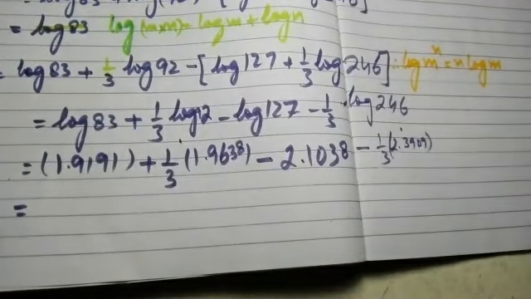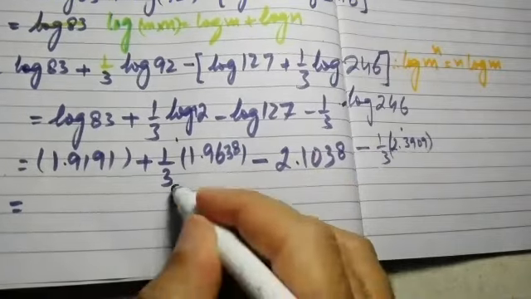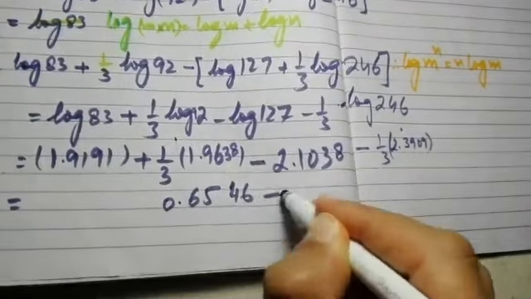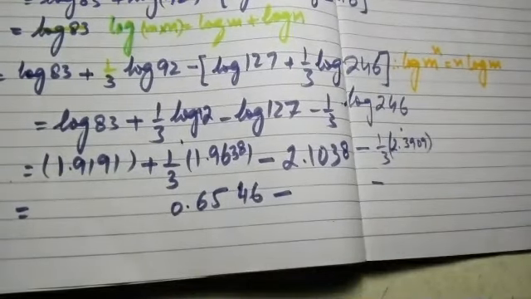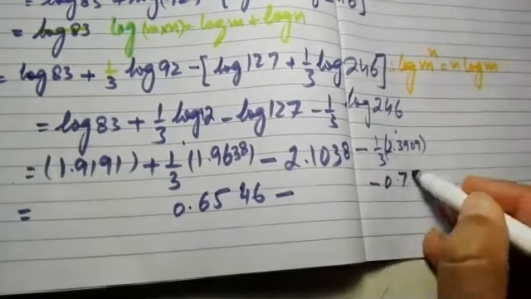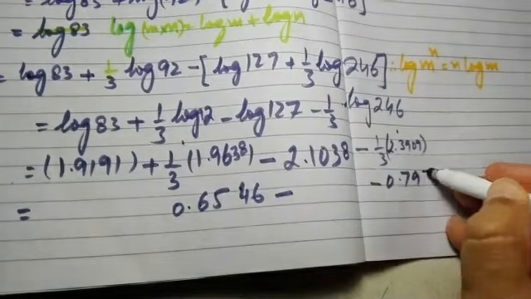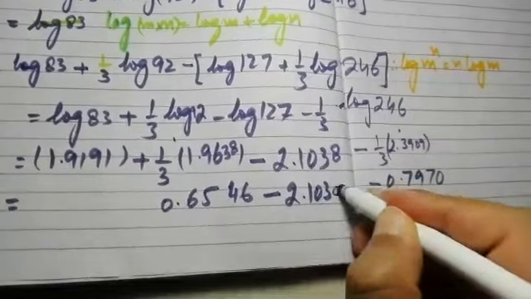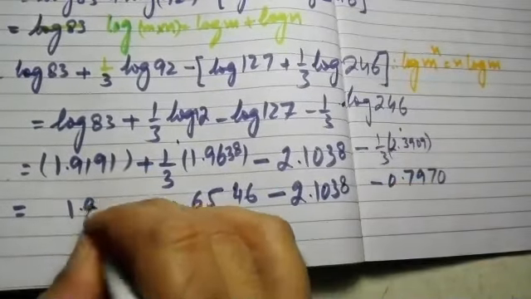Both of these will be simplified first, then we will further simplify the expressions. 1.9638 divided by 3 will give us 0.6546, and this expression 2.3909 divided by 3 will give me 0.7970, and these two numbers will be as they are, no change at all, 1.9191.